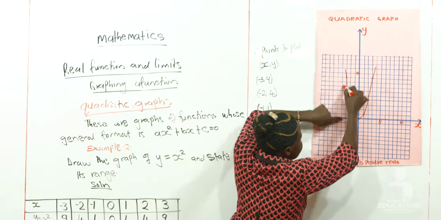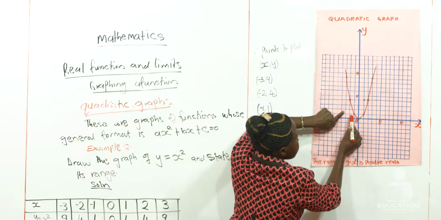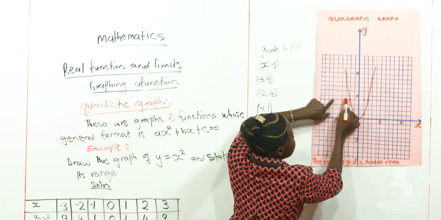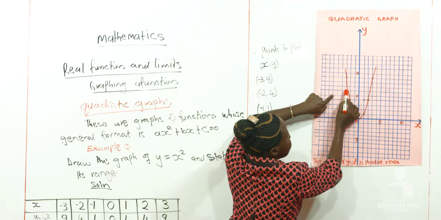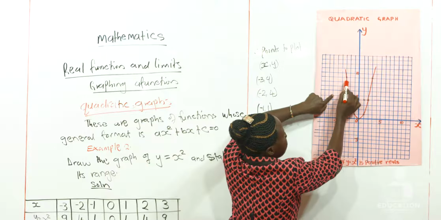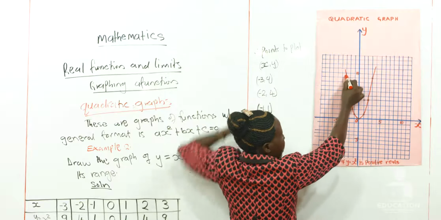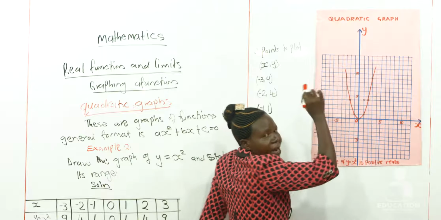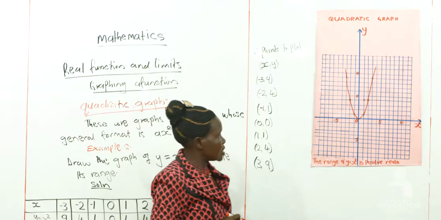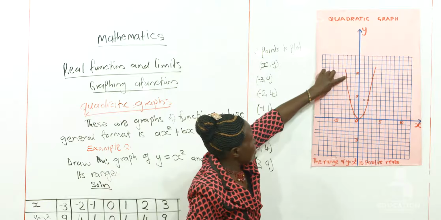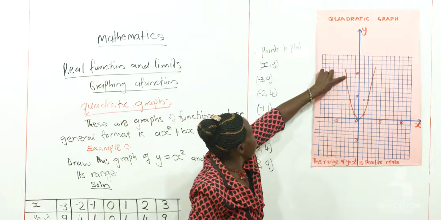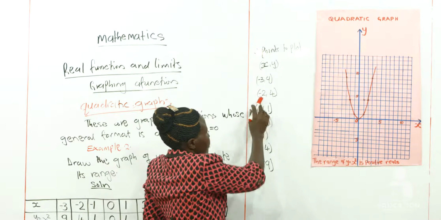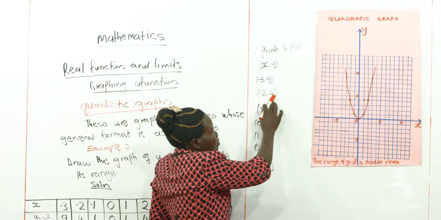So we find +1, +2, +3, +4, +5, +6, +7, +8, +9. This is where you mark. You mark on the y-axis, not on the x-axis. So our first point is here. That is -3, +9.